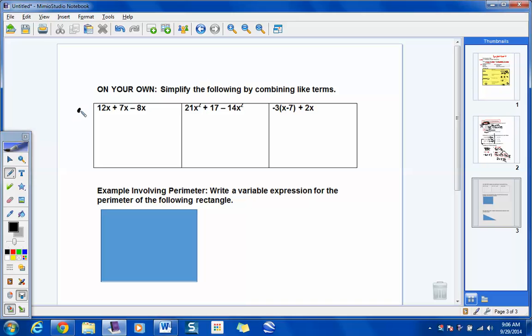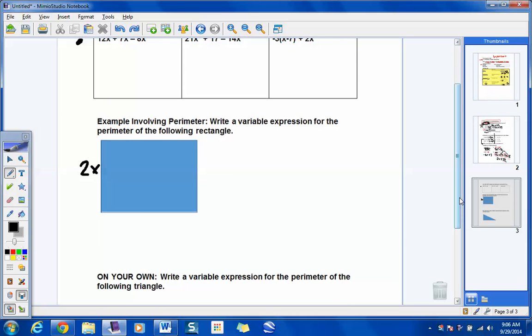Hey, everybody listen up. I want you to try these 3 problems on your own real quickly, all right? Take a minute and do so, please. When you've got those three solutions on your own, check with a neighbor.